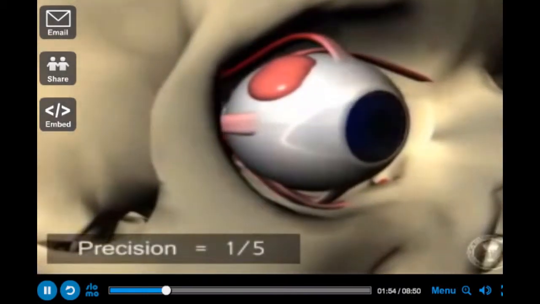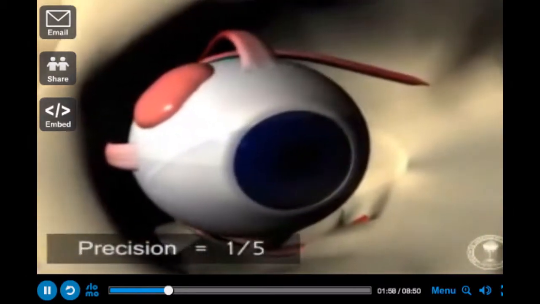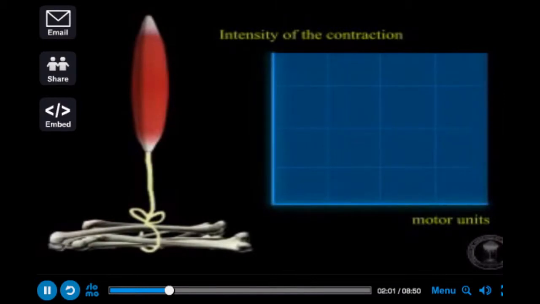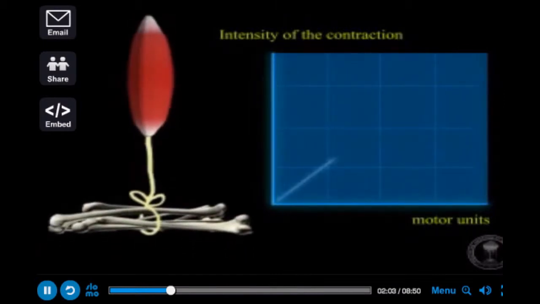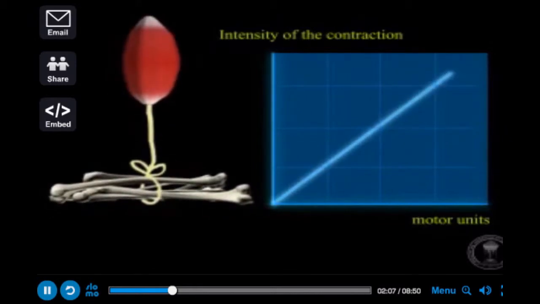This reflects the accuracy of the eye movements. The intensity of the muscle contraction is proportional to the number of motor units recruited.